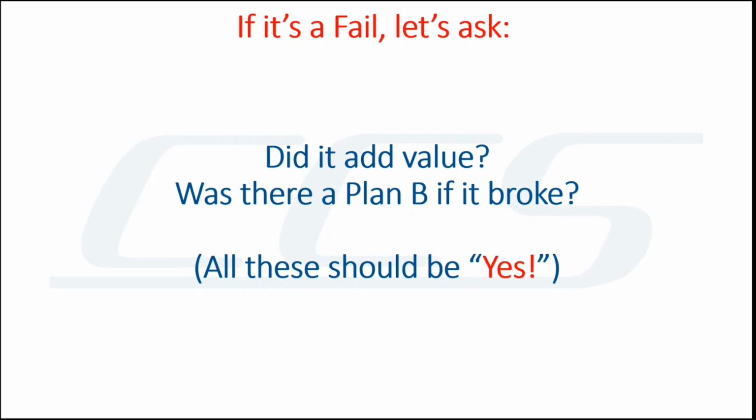It will never be acceptable for us to just say, "Oh, sorry, we're gonna have to just stop production until we can address this." We got to be able to address it right away. So a plan B is always necessary. So we want to answer these questions with a yes.